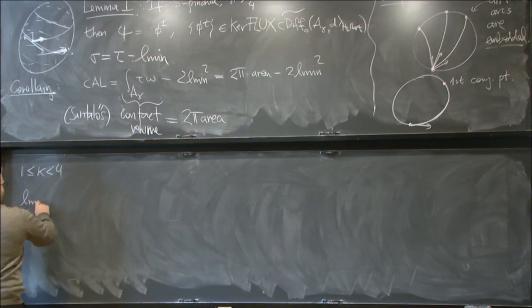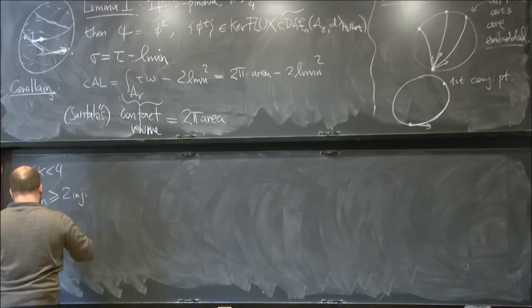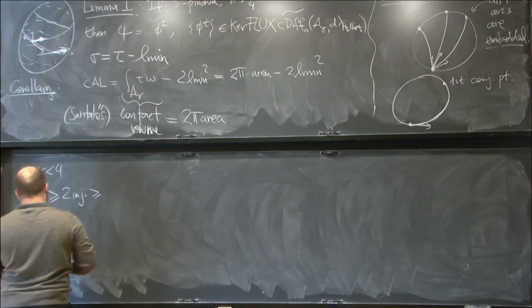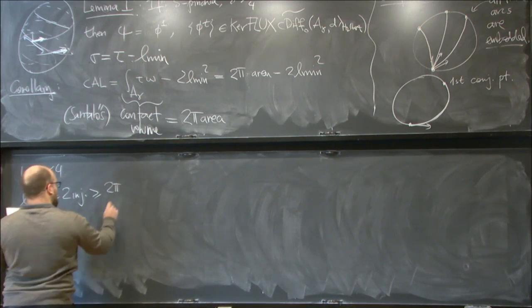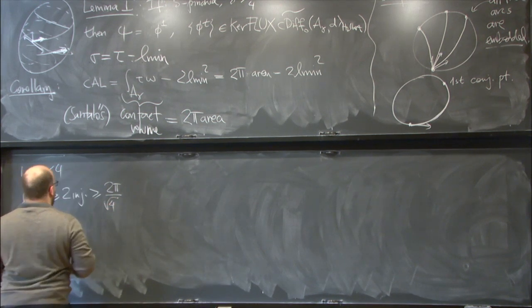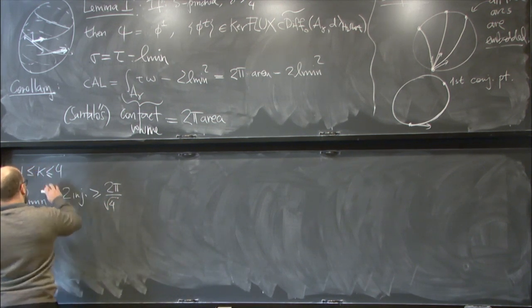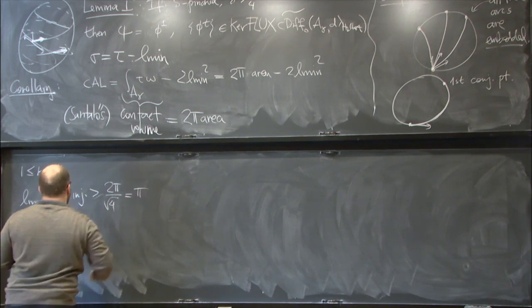The first observation is that L mean is bigger or equal than twice the injectivity radius, which is bigger or equal than 2 pi times the square root of 4 in this case, if you want. Okay. Bigger, which is pi.